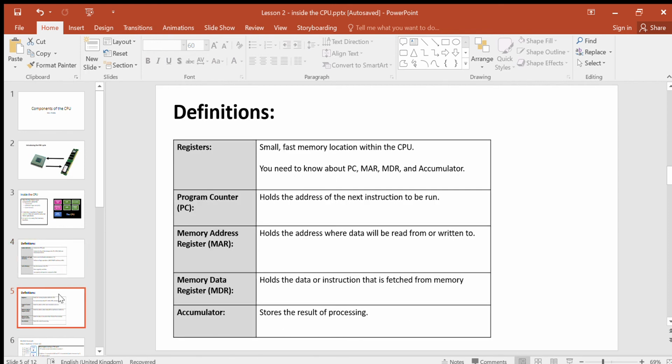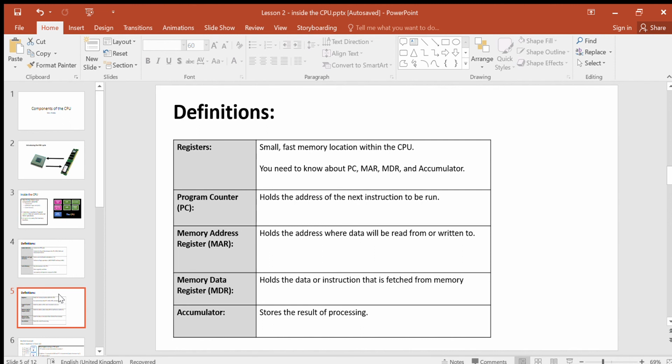Moving on to the registers, if you haven't got these definitions anywhere, pause the video now and start to write them down. Please make sure you're learning them. If it was me, I would be getting them written onto some flashcards and getting someone to test me. We've already said registers are a very small, fast memory location within the CPU.